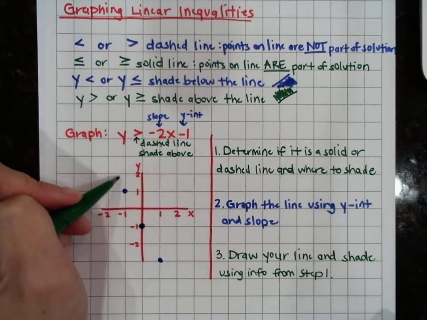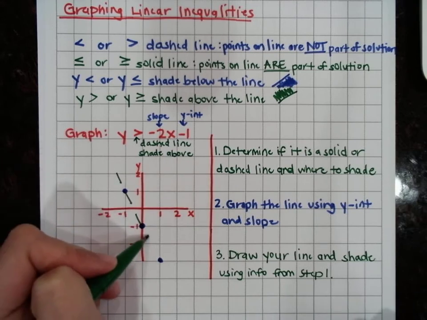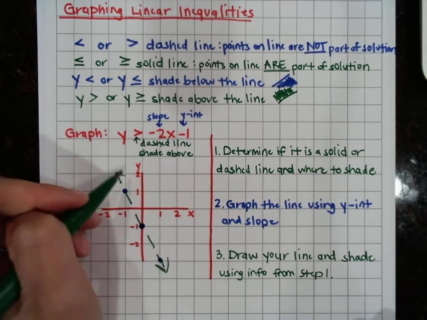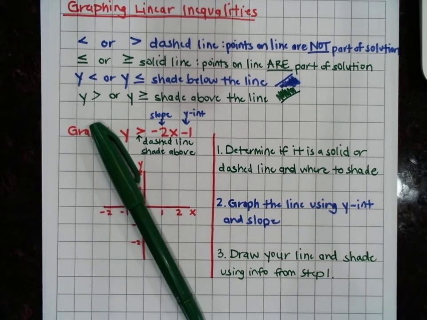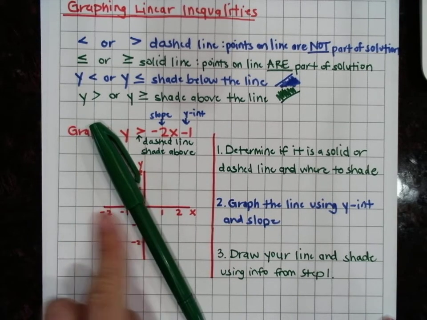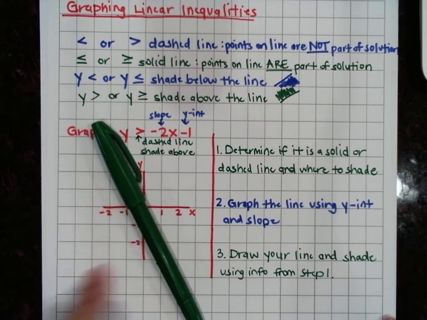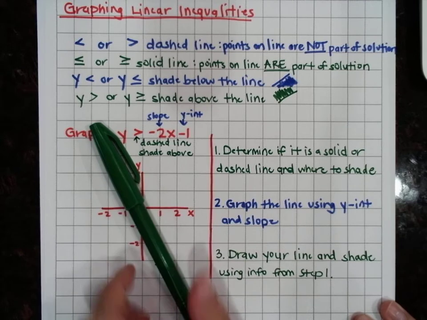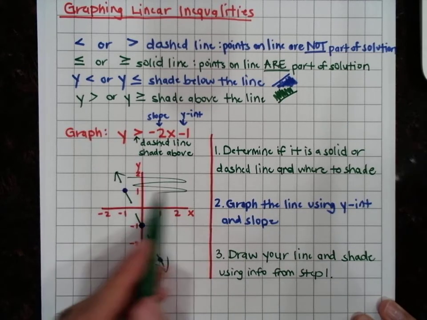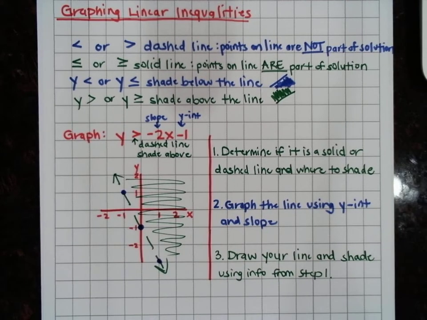We said it is a dashed line in step 1, and we said you have to shade above. So put your pen or your pencil on it and say, if I shade here, is this above my pen? No, that's below my pen. If I shade up here, is that above my pen? Yes. So that is the region that you are going to shade.